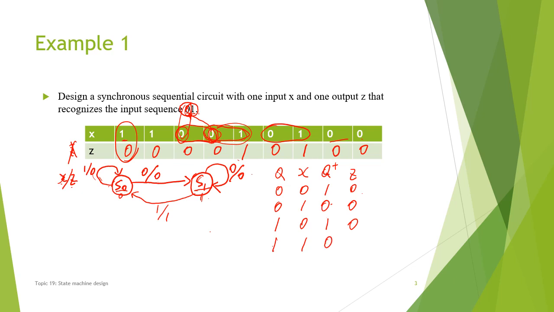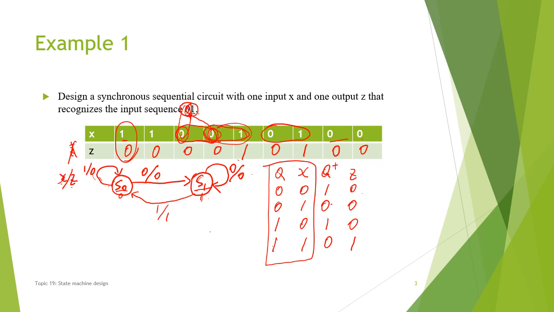So the next state will be 0, but Z needs to be 1. Here, the current state Q and the input X are the inputs for this table. So now we have figured out the current state, the next state and the output value.